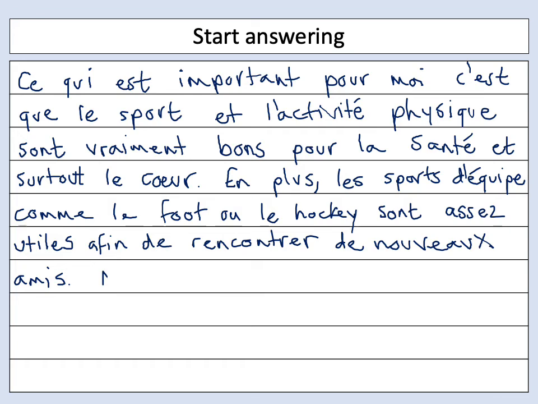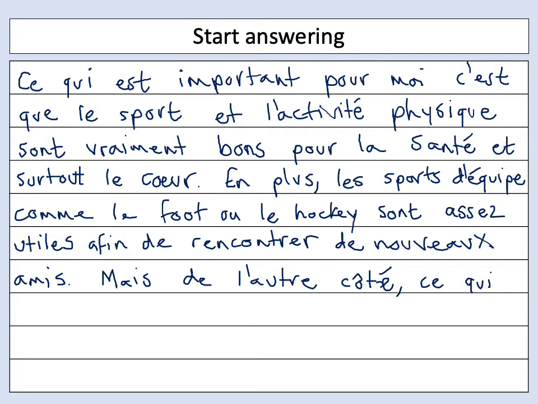Then we're coming in with our other aspect, so our set phrase, mais de l'autre côté, that isn't E. I really struggle to do the letter E on here. There we go. Ce qui est moins, we're not saying moins, we could do, ce qui est, oh, I've done this wrong, haven't I? Silly.